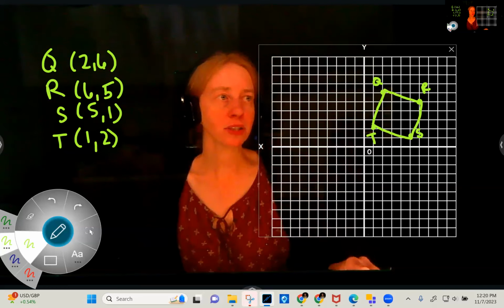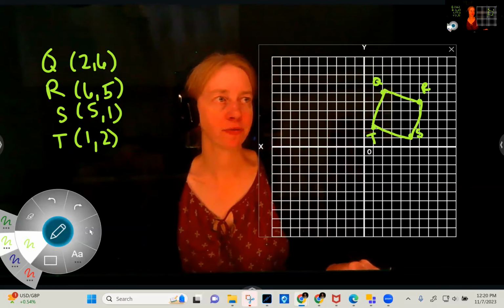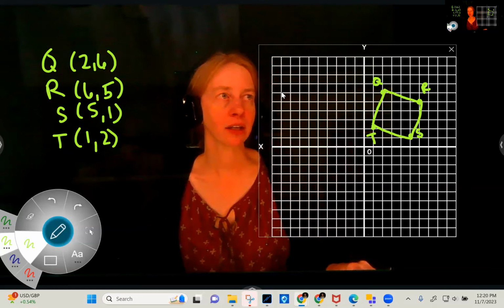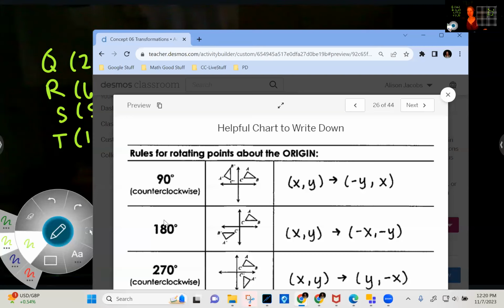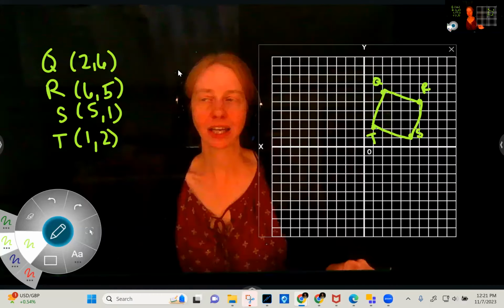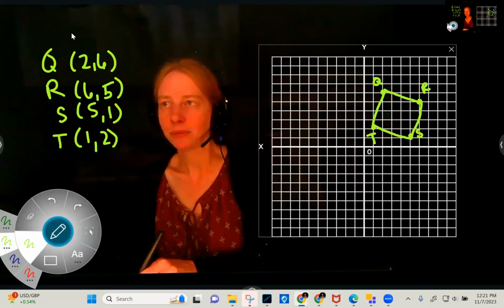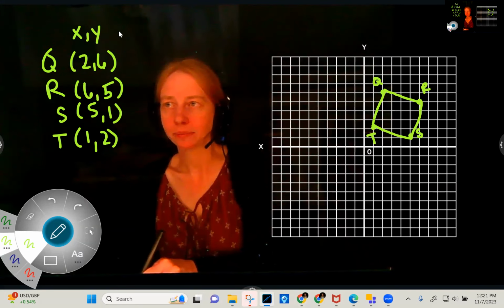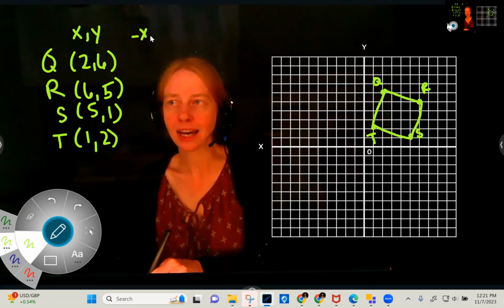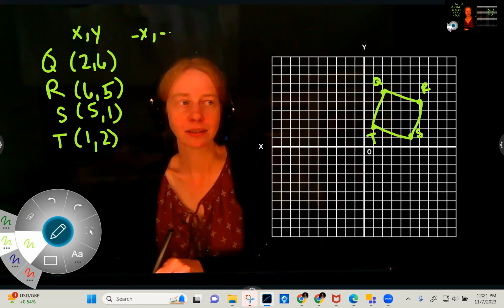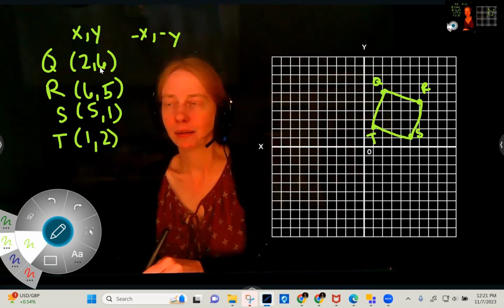And so let's go take a look at what those rules said for me. So if I'm doing this 180 degrees, my X, Y points become negative X, negative Y. So let's take a look at what that means. If this is my X, Y, and my rule says it needs to be negative X, negative Y, then I'm going to change the sign of each of these points.